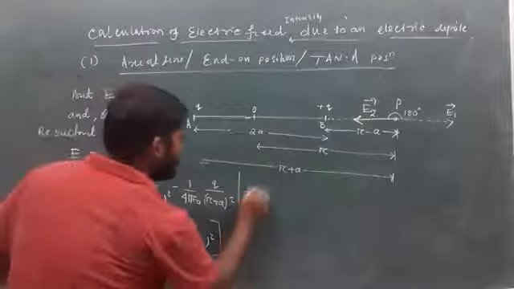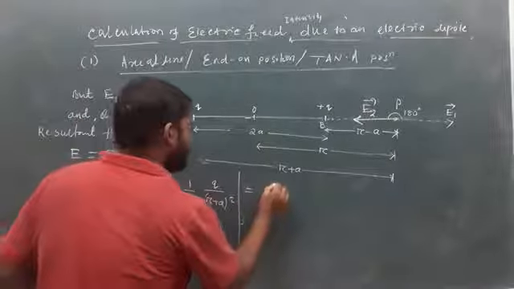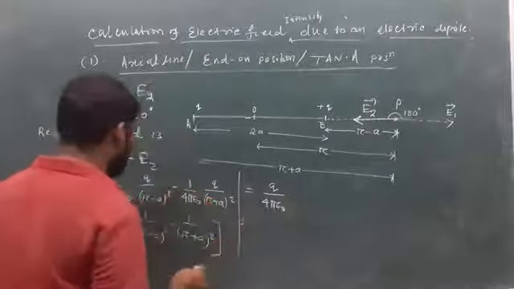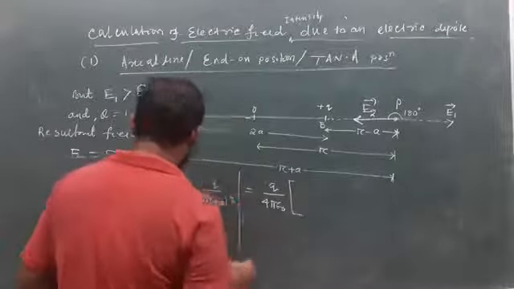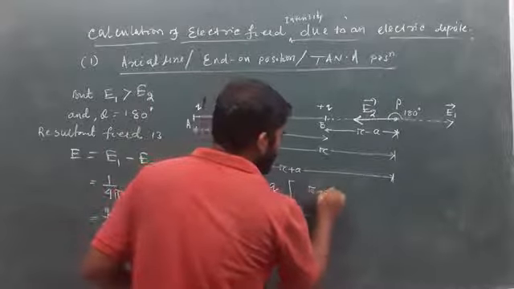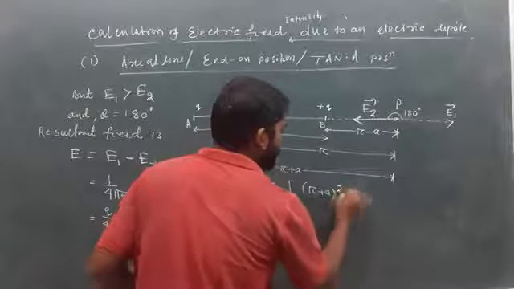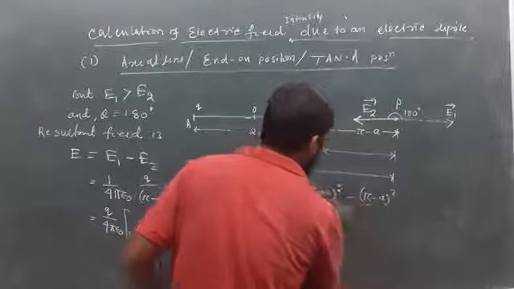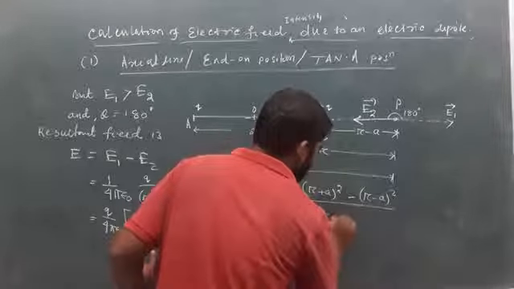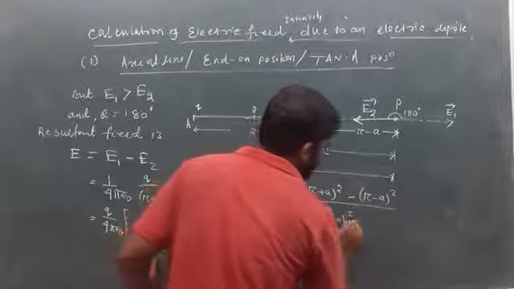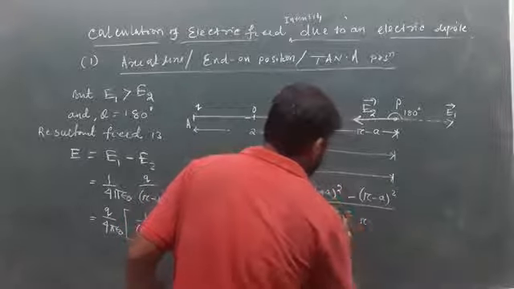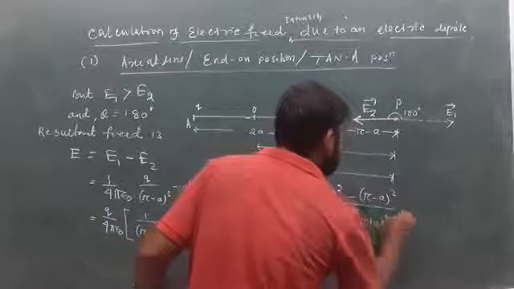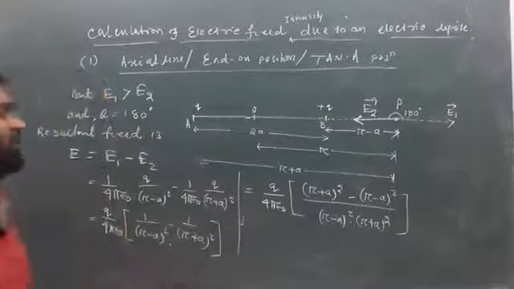So this equals q divided by 4 pi epsilon 0, times (r plus a) square minus (r minus a) square, divided by (r plus a) square into (r minus a) square. Okay.